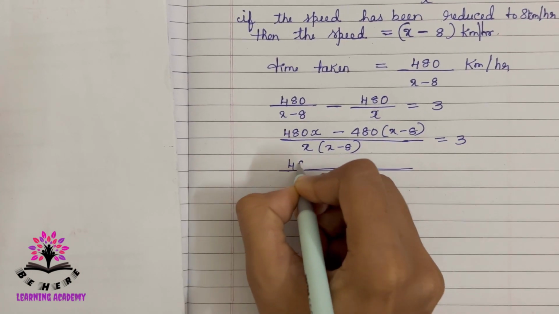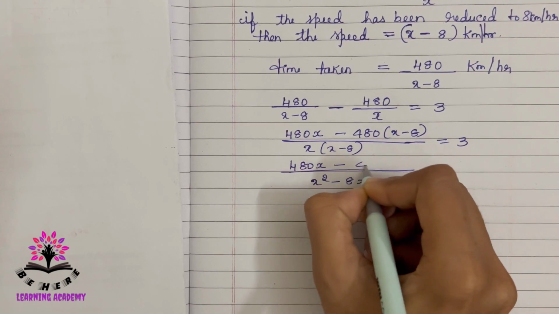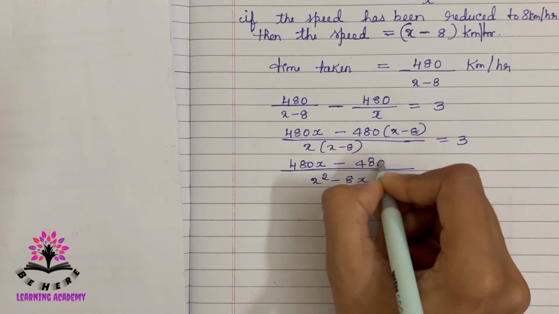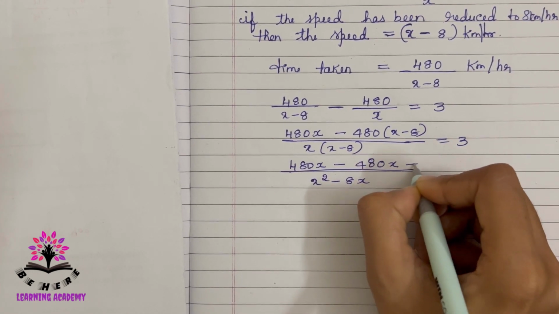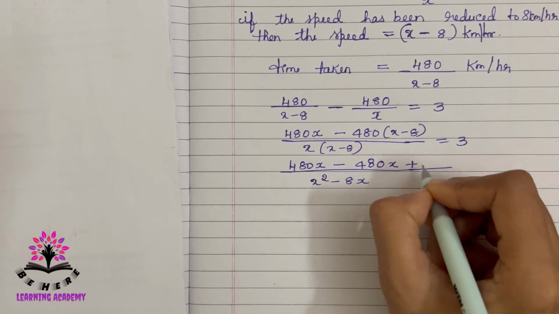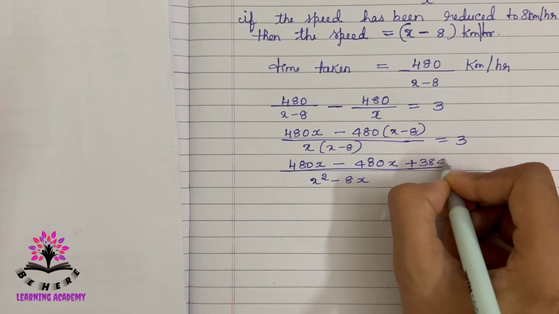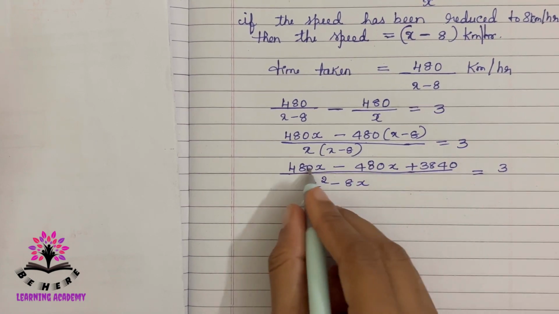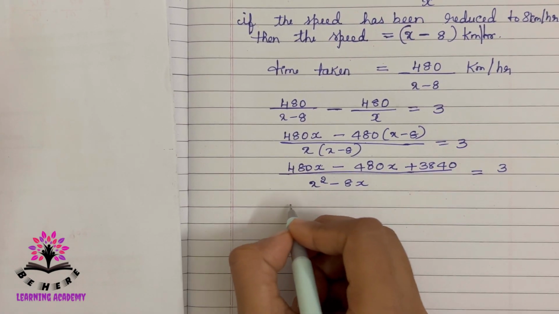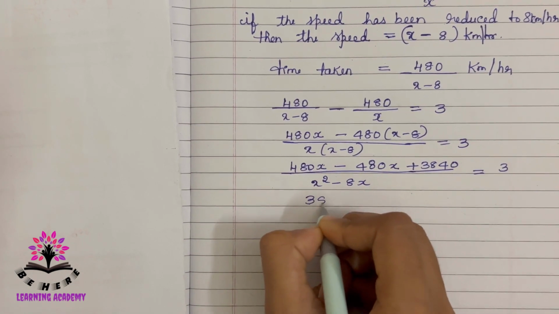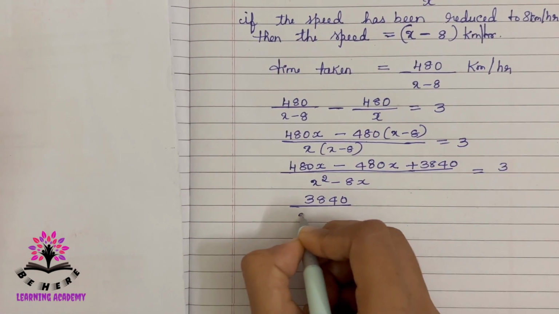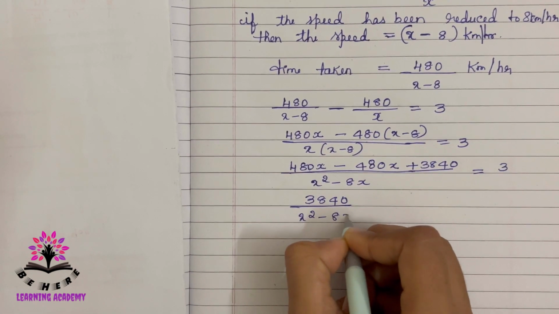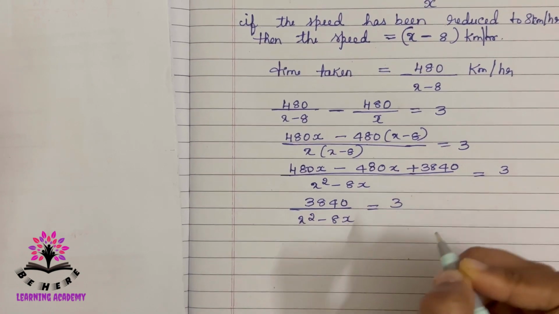Here it will be 480x minus 480x plus 480 into 8 will be 3840. That is equal to 3. So here these two terms get cancelled. The remaining terms will be 3840 divided by x square minus 8x, that is equal to 3.